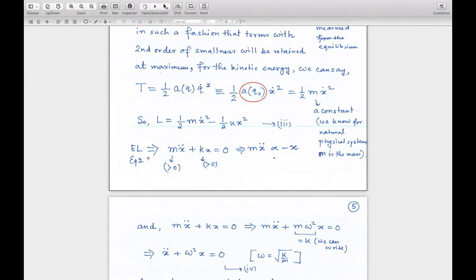And then the Euler-Lagrange equation gives us m x double dot plus kx is equal to 0.